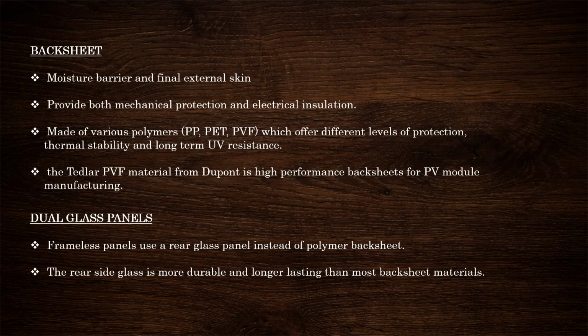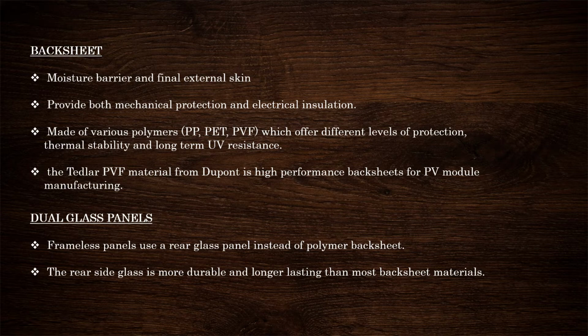Then the backsheet. The backsheet is the moisture barrier and final external skin. The backsheet provides both mechanical protection and electrical insulation. The backsheet is made of various polymers such as PP or PET or PVC, which offer different levels of protection, thermal stability, and long-term UV resistance.